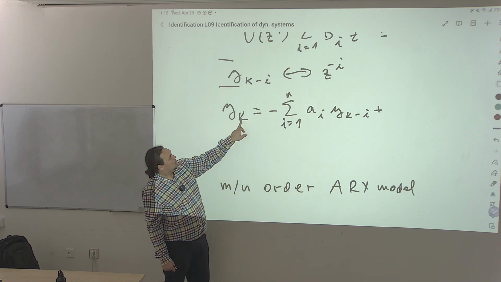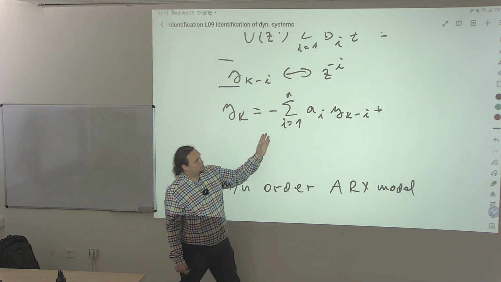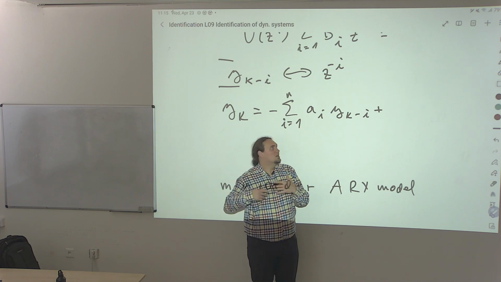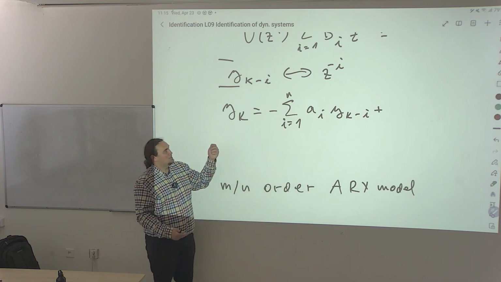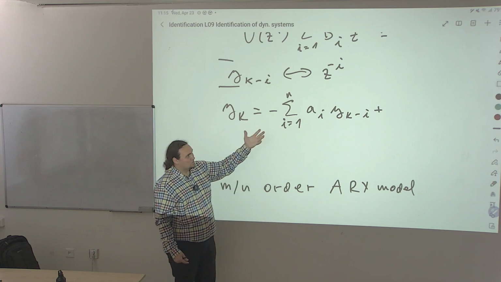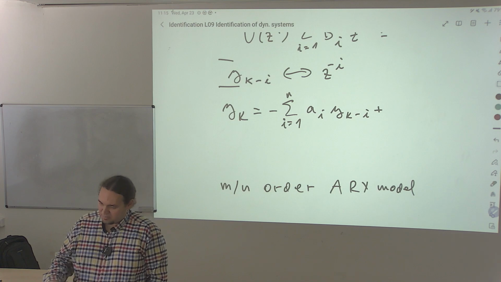The value of the output at the current point in time is given by the past values, and this means that this model is regressing on itself. That's why autoregressive, that's why AR came up.